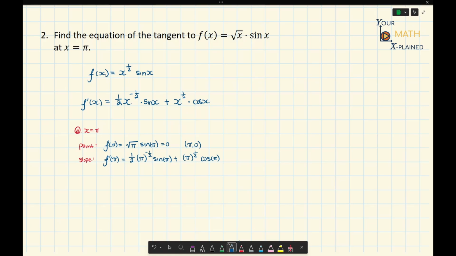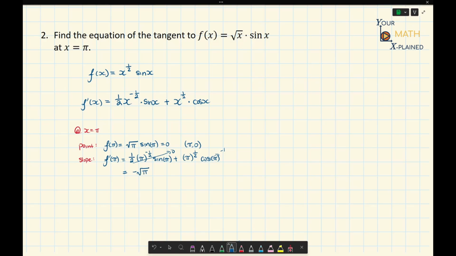So the first term is going to be 0 because sine of pi is 0. And cosine of pi is equal to negative 1. So therefore, f prime of pi is equal to negative square root of pi.